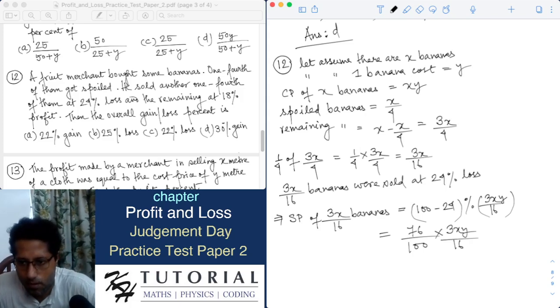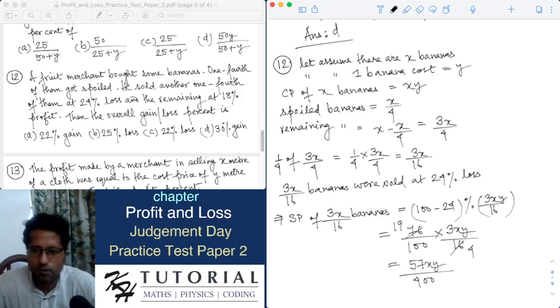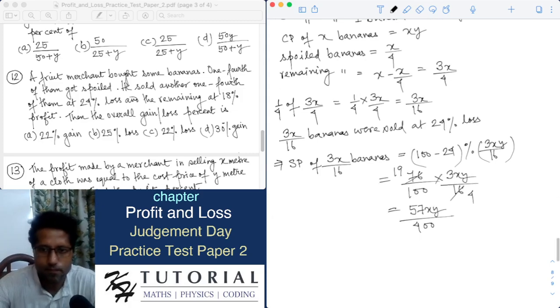If we simplify it further, 4 divides 4, 16 and 76, so this is 57xy divided by 400. This is the selling price of 3x by 16 bananas.